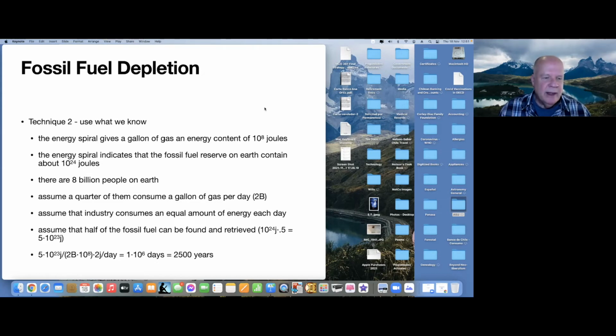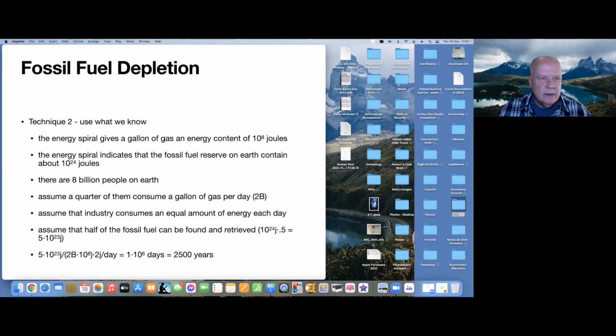Then we multiply that times 2 again, because we're including an equal consumption by business. That works out, if you do the math, to 10^6 days. And 10^6 days is about 2,500 years. So technique 2 is quite a bit different than technique 1. We're separated by 2,400 years.